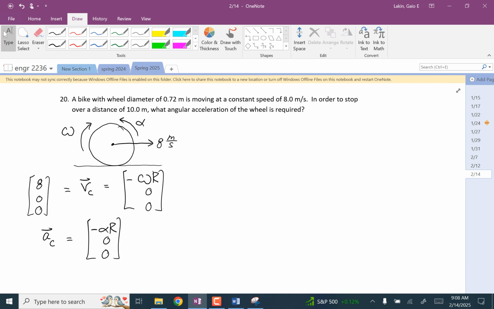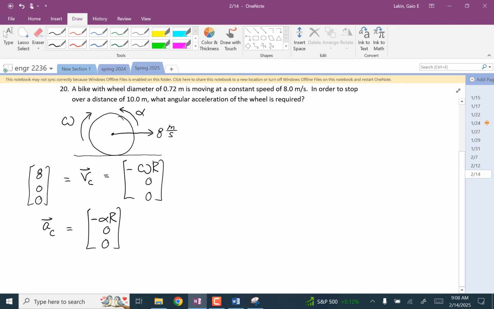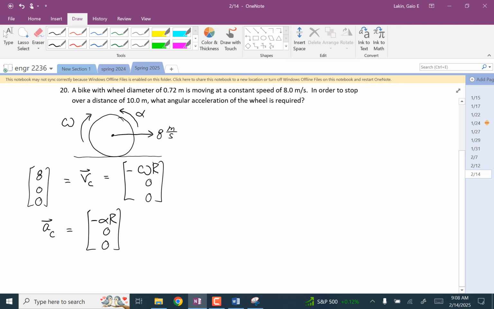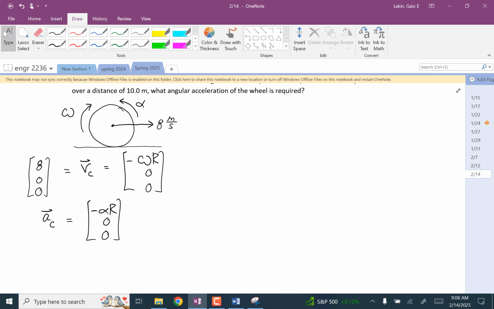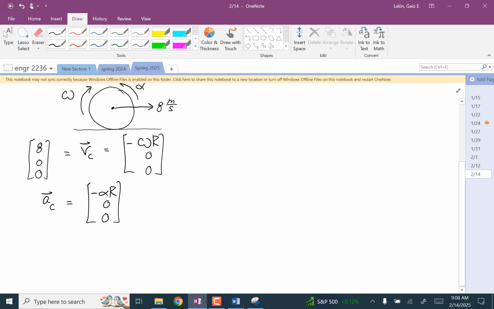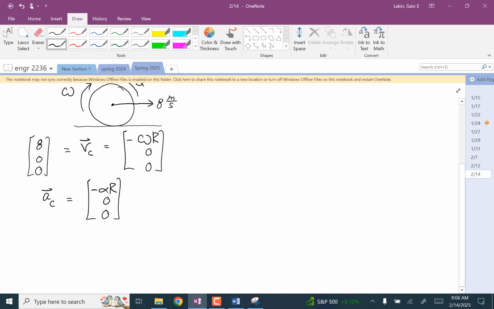And so let's see. In order to stop over a distance of 10 meters, what's the angular acceleration? I'm going to use this form of the equation.